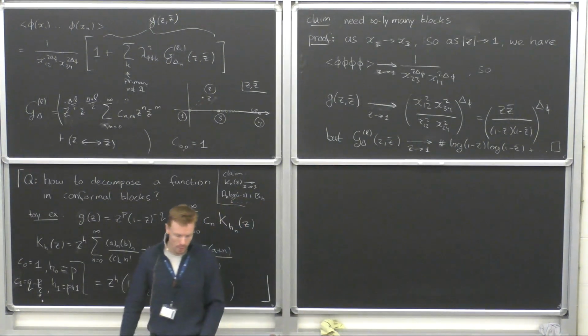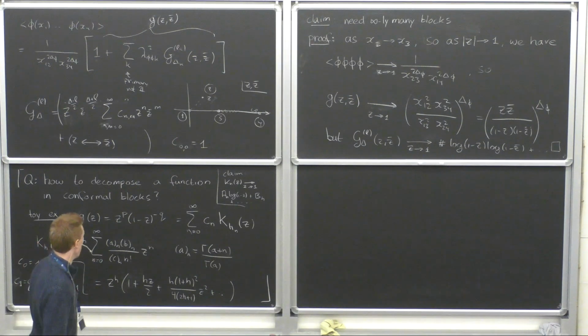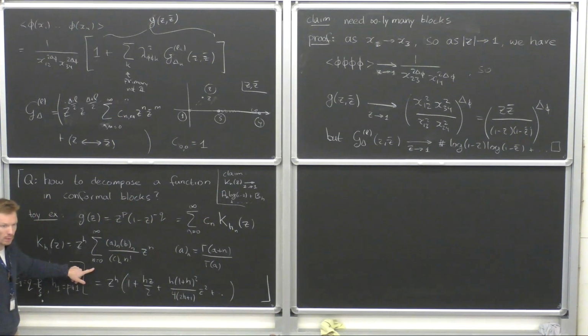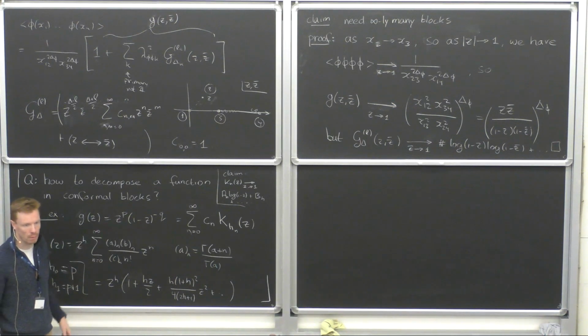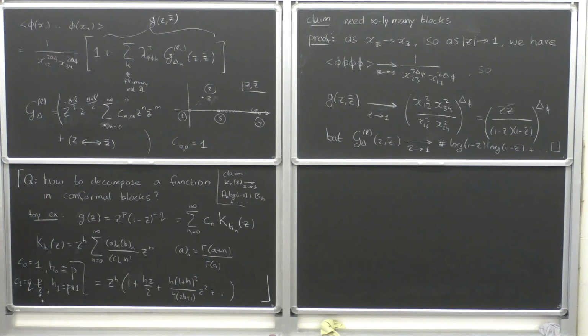When you say to decompose a function, you are supposing some assumption on the function you want to decompose? Sorry? Any function? This is a claim on the K's, and the K's are just defined through a power series. In the question, I just picked one. But how to decompose a function? Can it be any function that you can decompose? Well, what do you need?